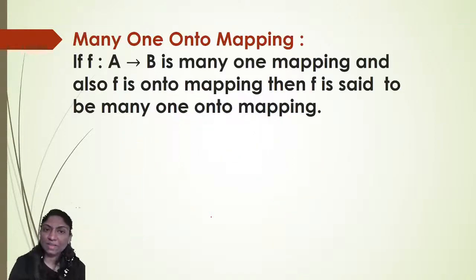Now how can we define many one onto mapping? If f defined from A to B is many one mapping and also f is onto mapping.